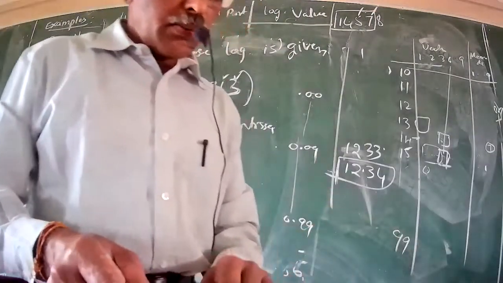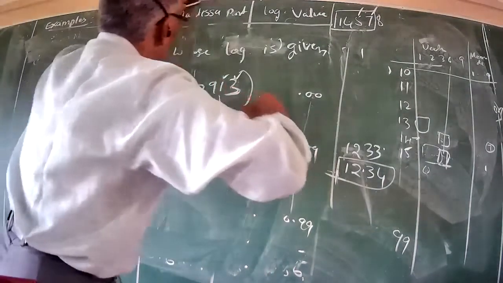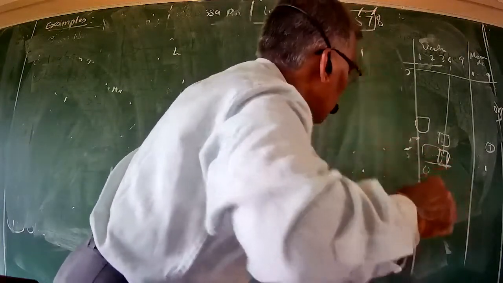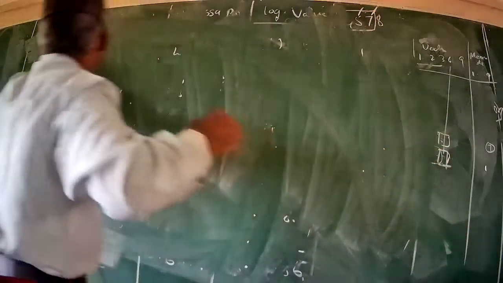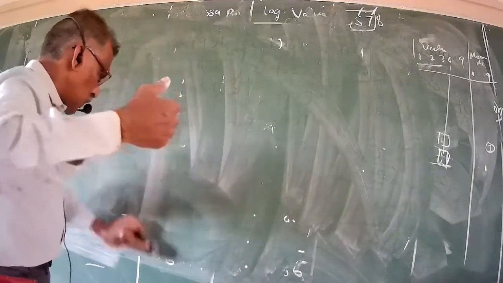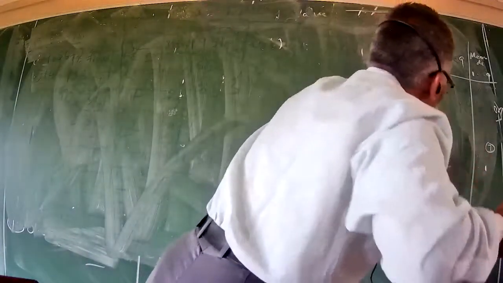This is only how to find the log and anti-log value. The next step is how to use this. Logarithm is a tool to solve complex problems with complex numbers.